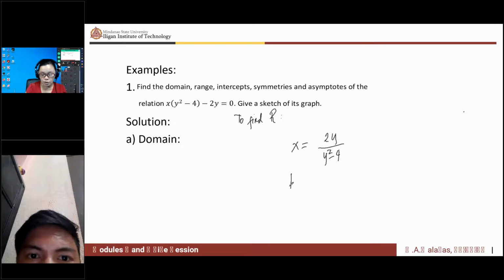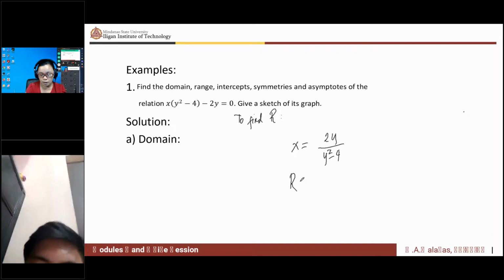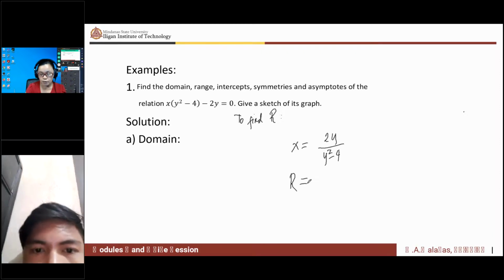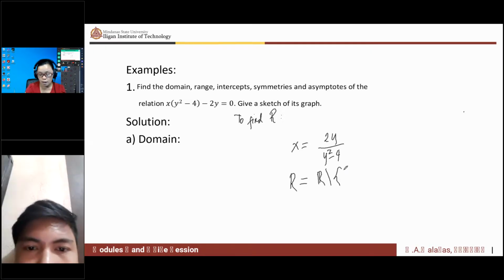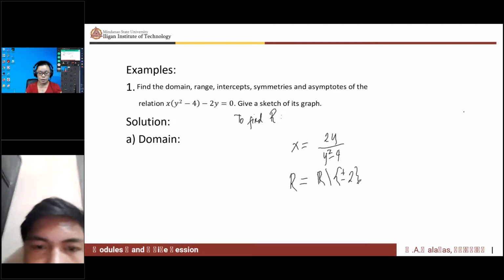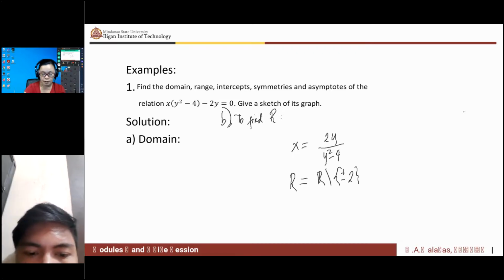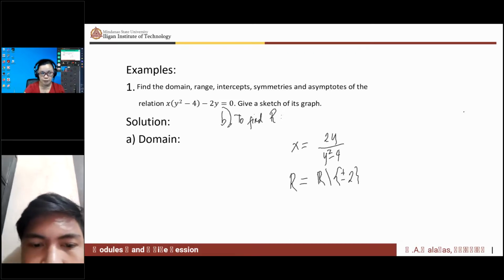So the range of the relation is equal to the set of real numbers minus the set containing plus or minus 2. So that is our range. So take note, our domain is R, and this is our range. A is the domain, B is finding the range.